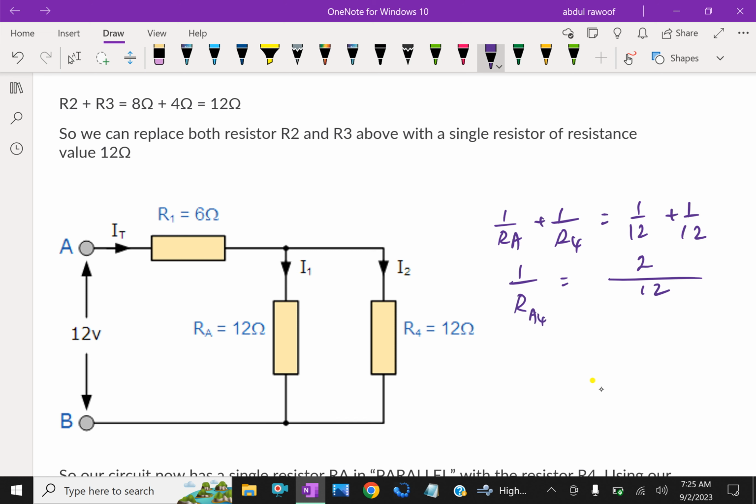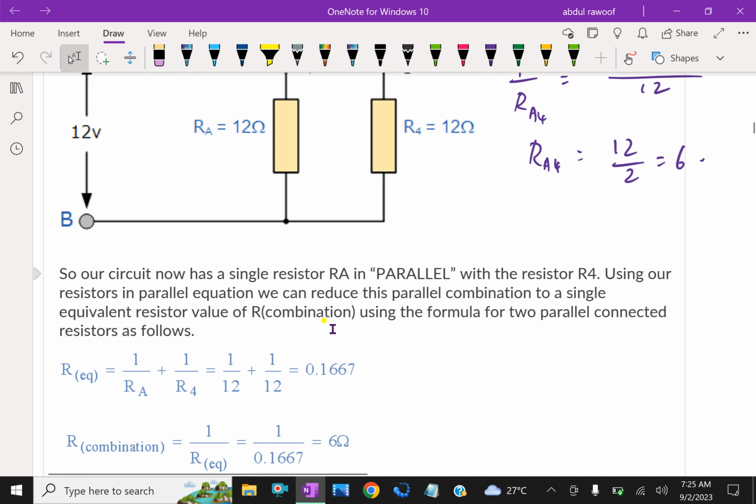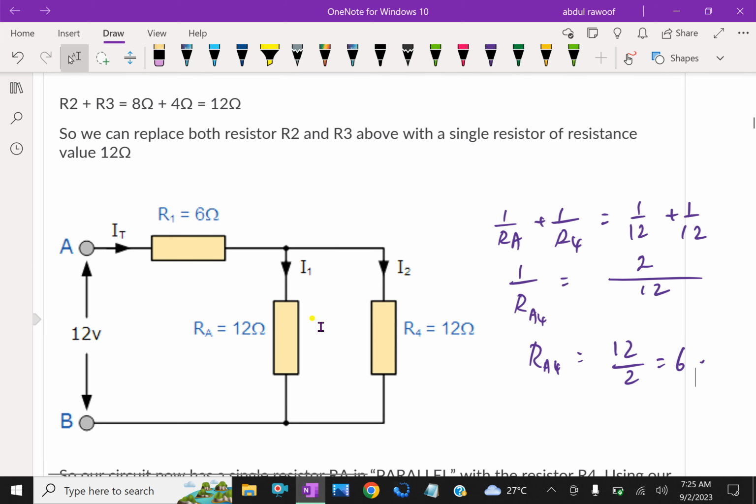Therefore R effective is 12 over 2, which is 6 ohm. So these two in parallel together become 6 ohm.